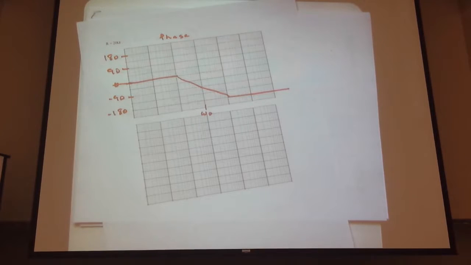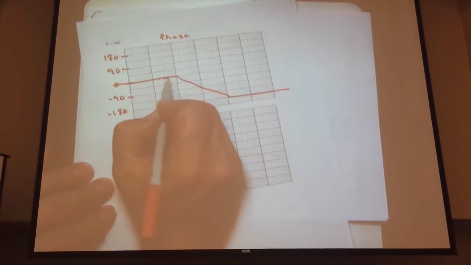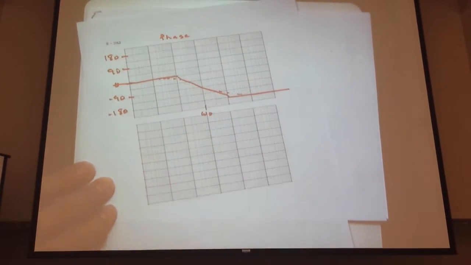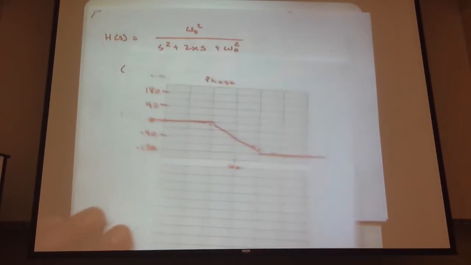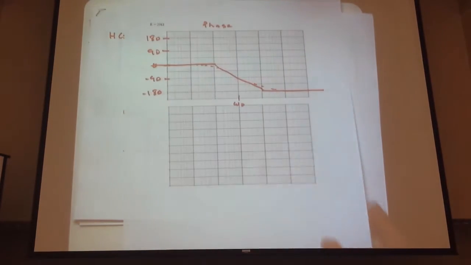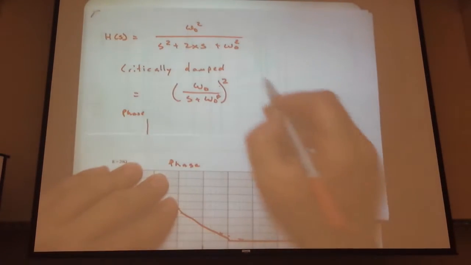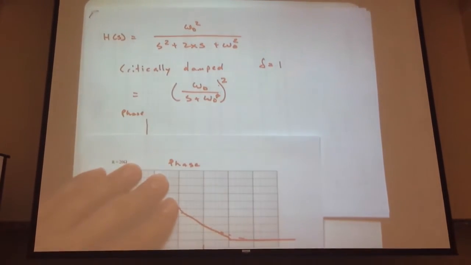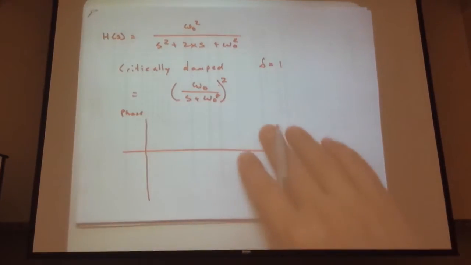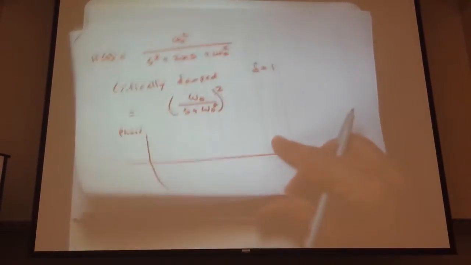Critically damped, and if it really bothers you, you can throw a little curvature in there just to make it prettier. Well, that's the critically damped case, where our damping ratio is 1. We could go to the extreme. What's the most underdamped case in the world?